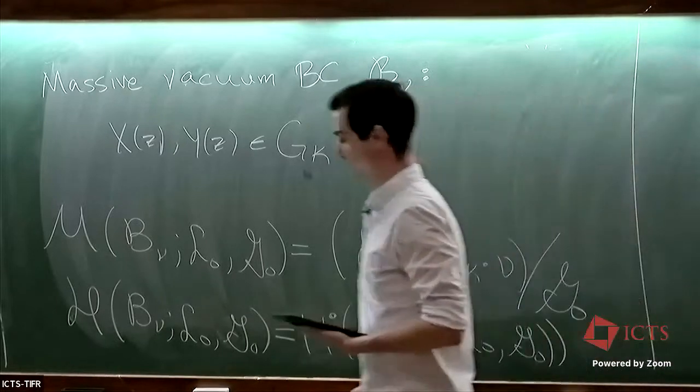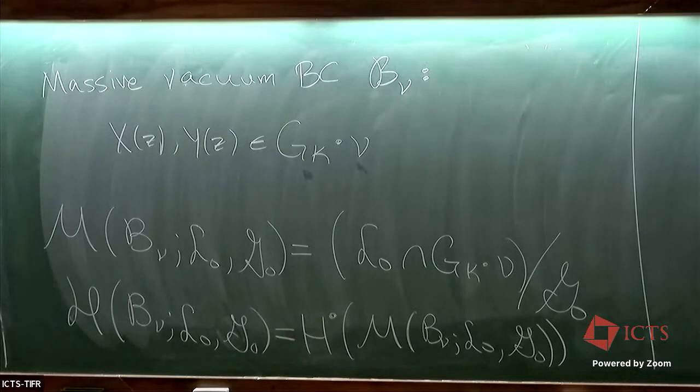So this should be some algebraic avatar of the quantized space of vortices that we've been seeing, at least for the zero energy states.